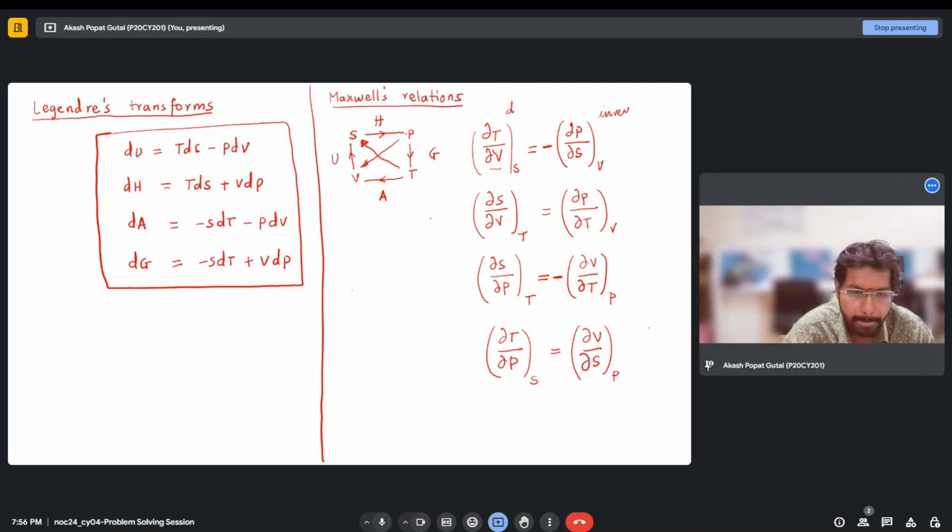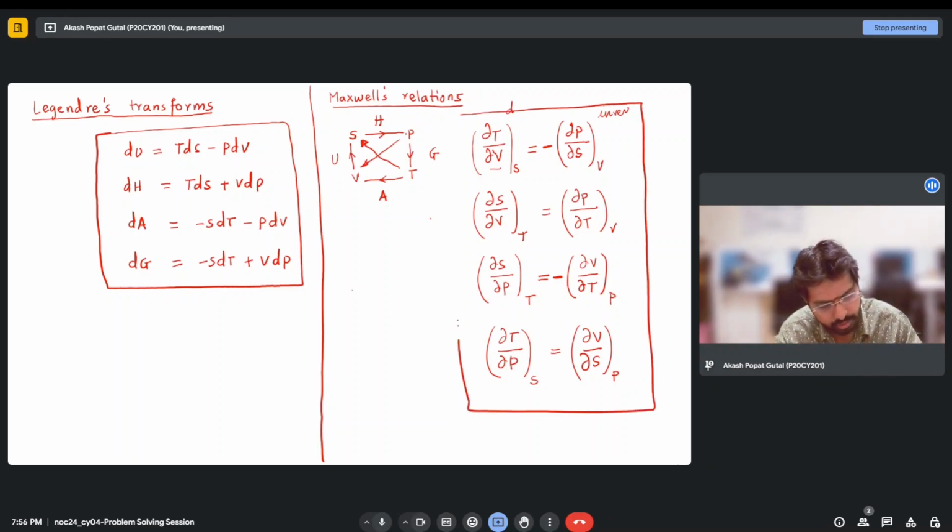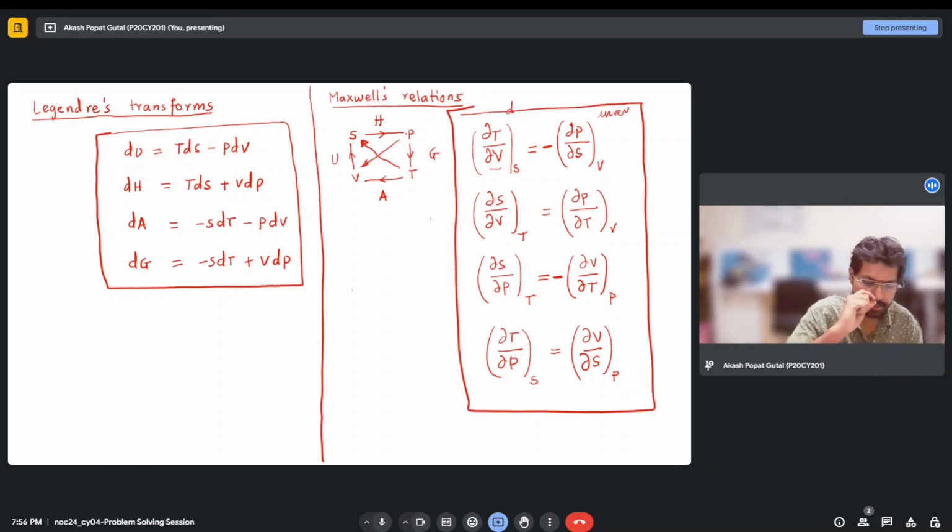S and V are actually directly proportional. So we don't need to include negative sign. So these are the four Maxwell's relation. Now you can solve any problem which arises from the Maxwell's relation. If you know left hand side, you definitely know the right hand side with the sign. Sign is important.